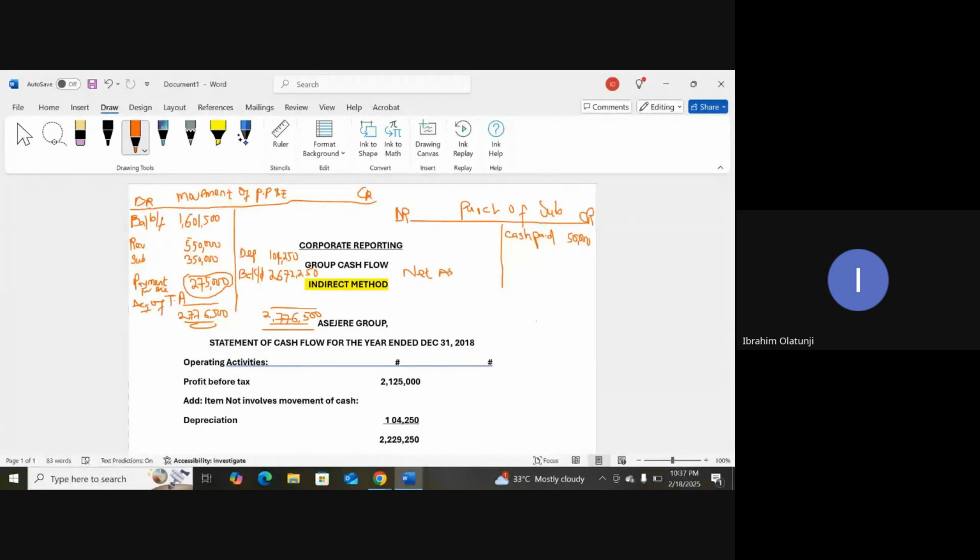Net asset, how much of the cash? 12,500. Then what's the balancing figure? So the credit side will be 50,000, then the debit side will have 37,500.